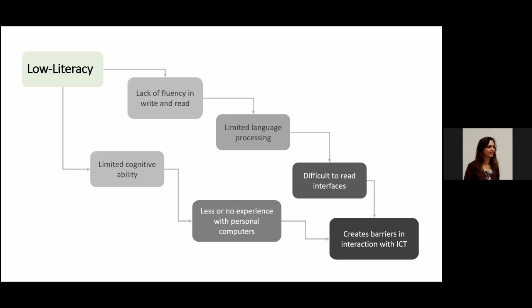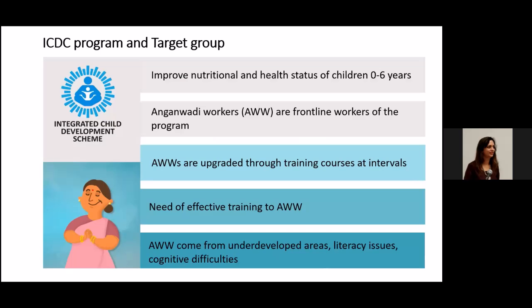So ICTs are information and communication technology. Sorry, I didn't mention that. So who were my target users? The target users are Anganwadi workers. A lot of research has been done with Anganwadi users. Who are they? They are part of the Integrated Child Development Scheme of the Indian government.